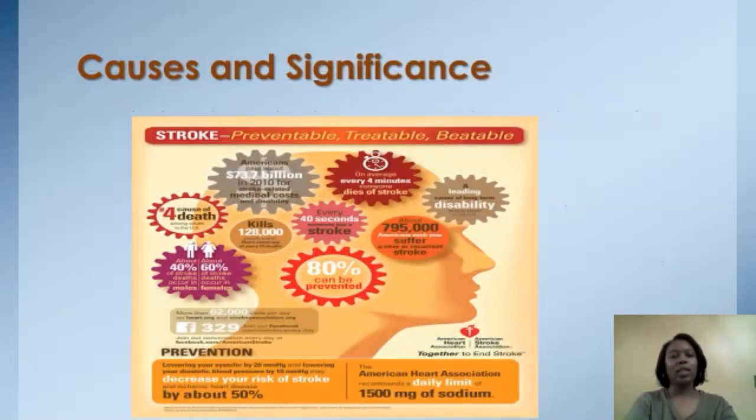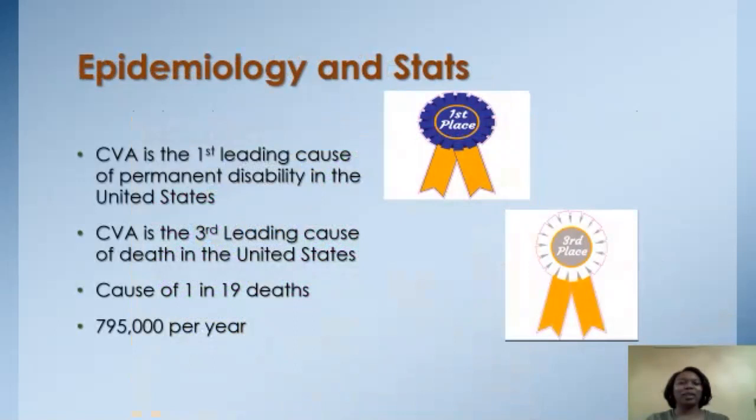So let's discuss the causes and significance of a CVA. Let's talk about the epidemiology and stats for a CVA. Each year, 795,000 Americans suffer from a CVA or a stroke. And out of that 795,000 Americans, 185,000 have a reoccurring stroke.